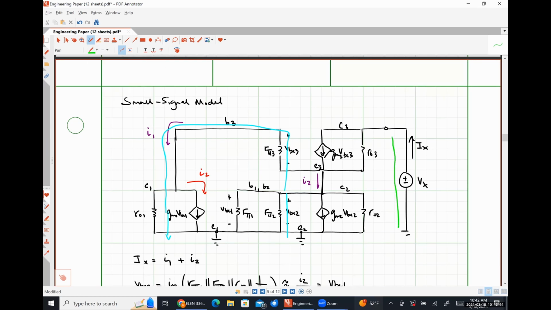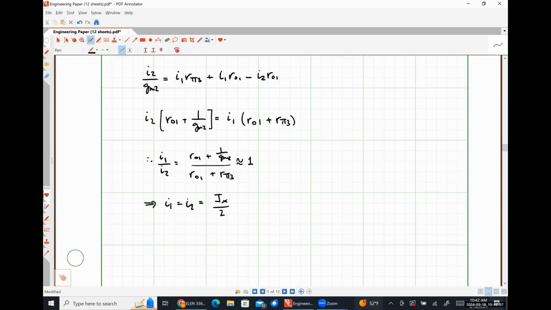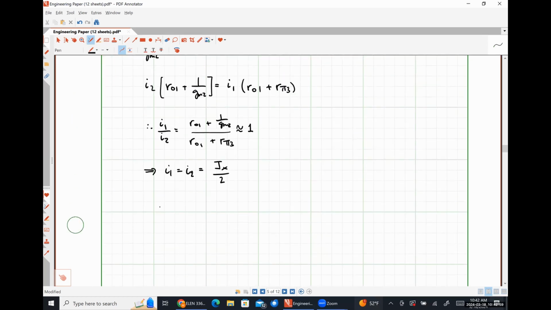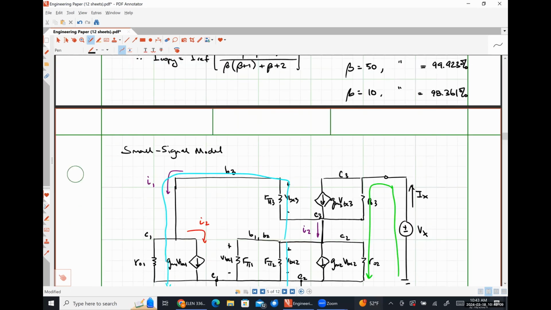So going from here to here, right? And so that's going to look like our voltage Vx is equal to the voltage drop across resistor R03. So let's look at what that's going to be.